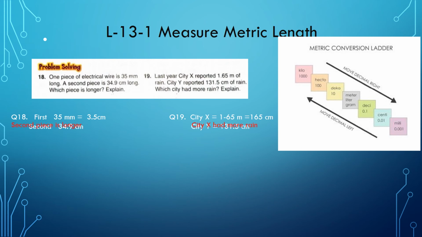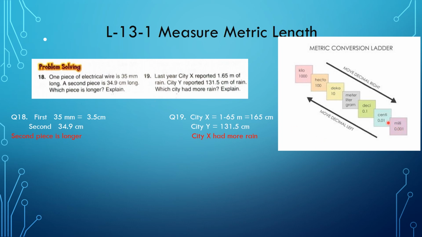Now you can see in the question number 18 and 19. In this one, a piece of electric wire is 35 mm long. The second piece is 34.9 centimeter long. Which piece is longer? Then again you can see here is centimeter and millimeter. You cannot compare. First in the same unit, you can see 35 millimeter convert into the centimeter. Then where is the millimeter?